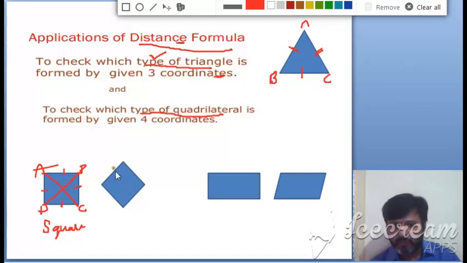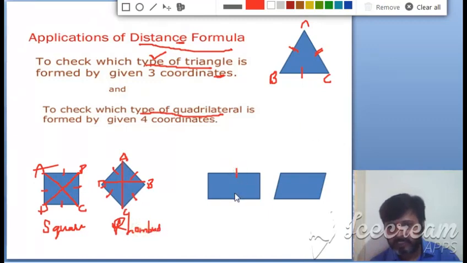If 4 sides are equal, I mean you have to find the side using the distance formula. If after using the distance formula, you will get an answer AB, BC, CD, DA, all sides are equal and diagonals AC and BD are not equal, then it is a rhombus.